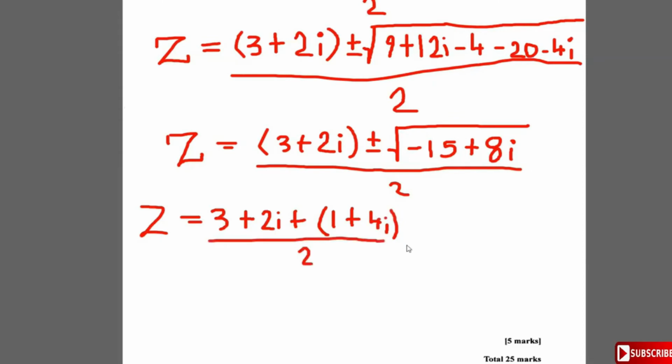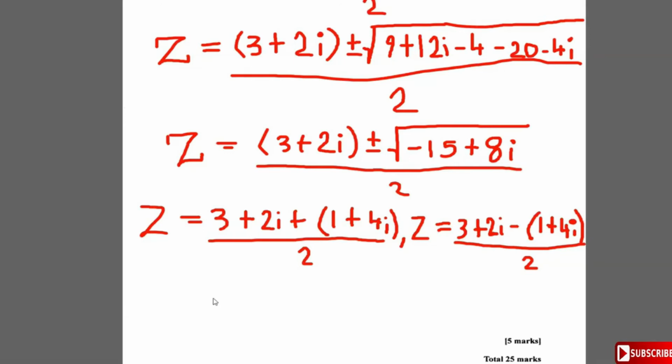Or the next possibility is z is equal to, when we have the minus now, 3 plus 2i minus 1 plus 4i, over 2. So these are the two possible values for z.